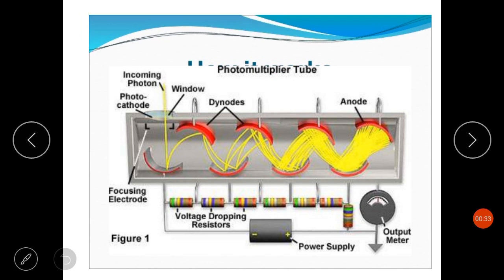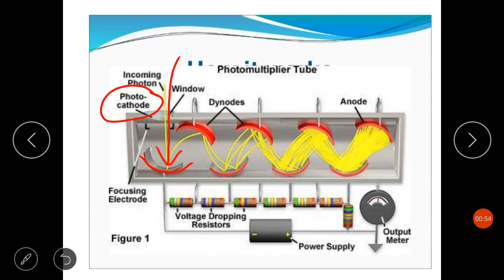As I've told you, this photomultiplier tube has a photosensitive cathode. This cathode is coated with a photoemissive material, and this is the photocathode.